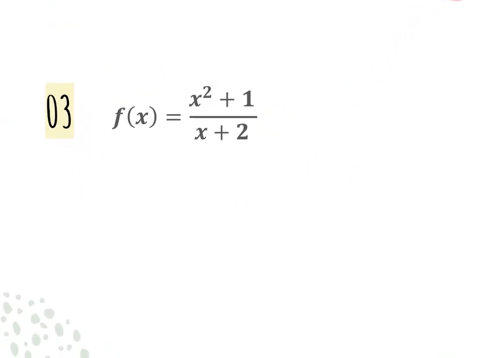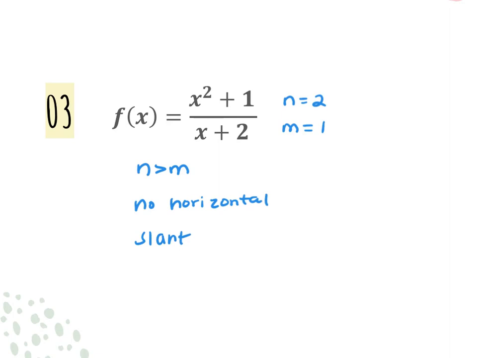All right, 3. Highest exponent in the numerator. 2. Ooh. Highest exponent in the denominator. 1. Relationship here? N is greater than m. Good. Which means what? It actually means 2 things. It means there's no horizontal asymptote. And because it is one more, it only can be one more for it to be a slant. There is a slant. Which again, we just know it's there.